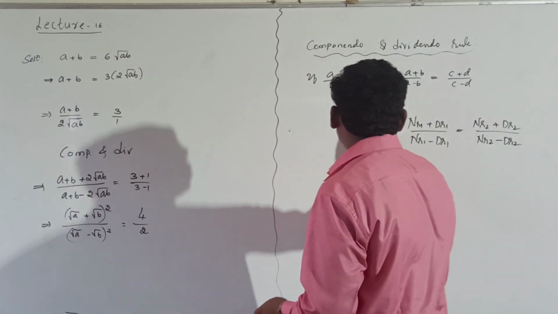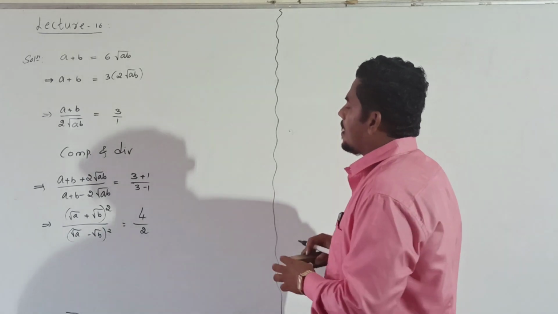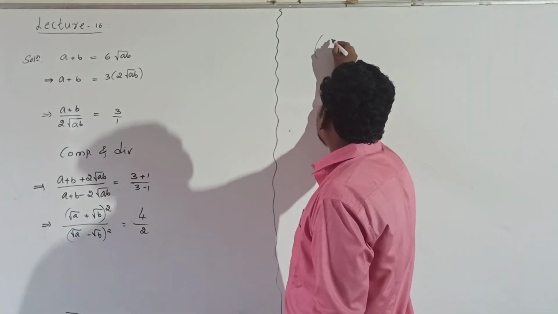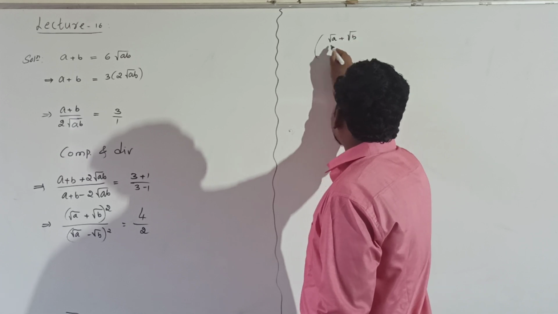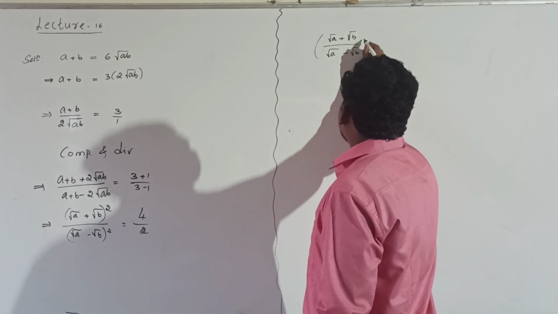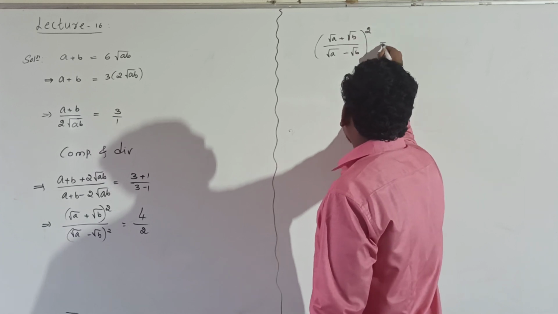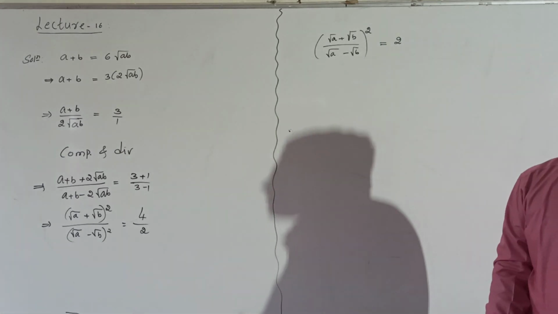Next, root a plus root b divided by root a minus root b, whole square, is equal to 2, because 4 by 2 is 2.